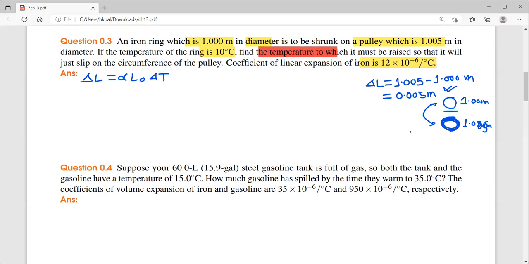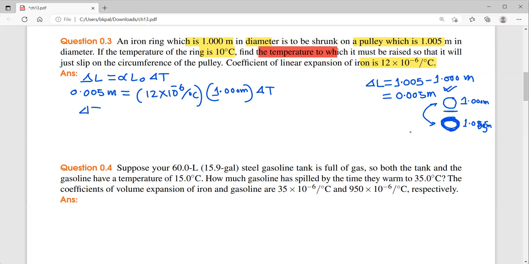Here we already know that the left hand side is 0.05 meter, and the ring is an iron ring, so alpha is 12 times 10 to the power minus 6 per degree Celsius. The diameter of the ring is 1 meter. Let's first calculate delta T.